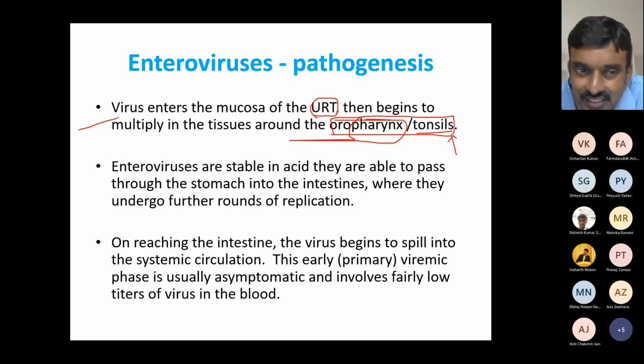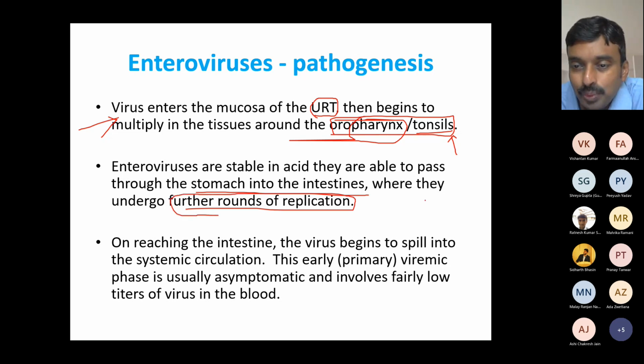So the virus enters fecal-orally and replicates a little bit in the throat and the tonsils because these cells have the receptor for this virus. And then once it replicates a little bit, the virus goes into the stomach and the intestine, where it replicates a little bit more. And this is the Peyer's patches part of poliovirus.